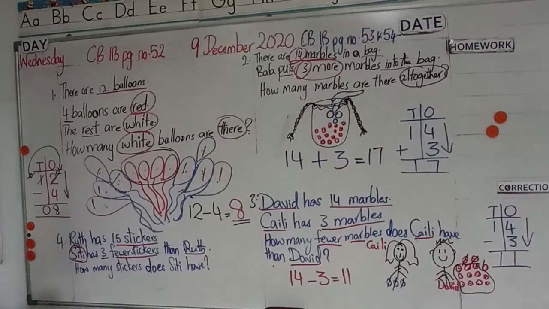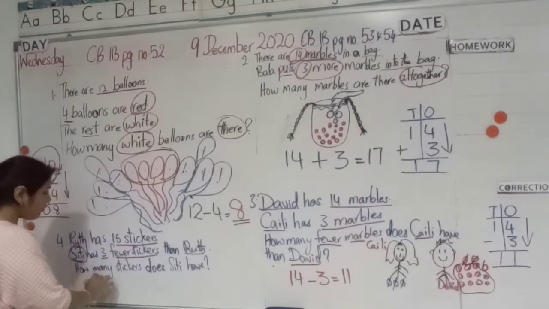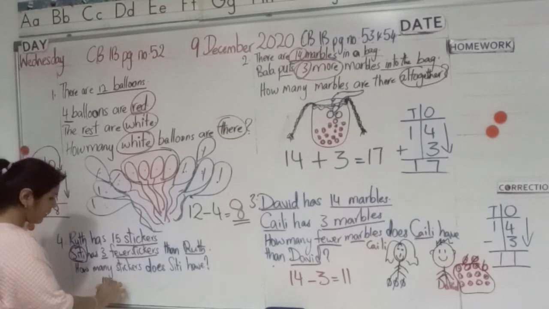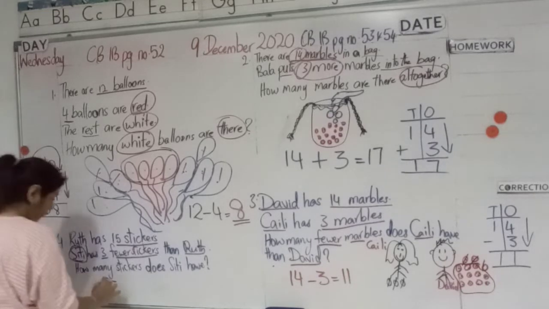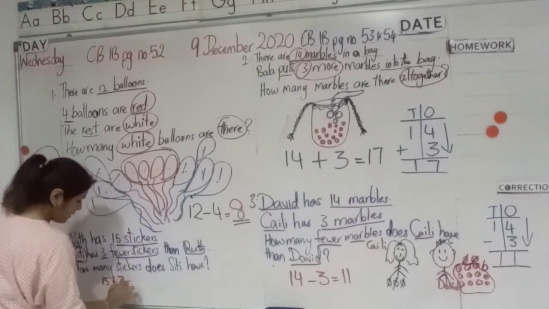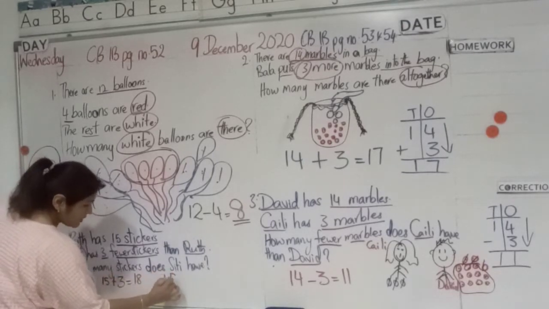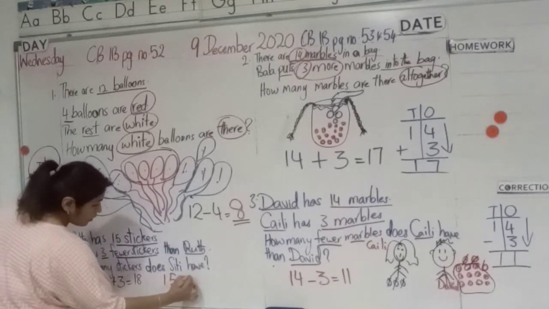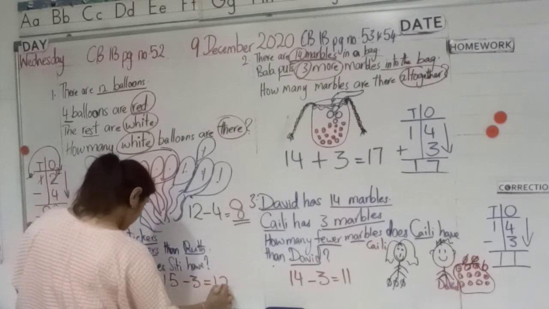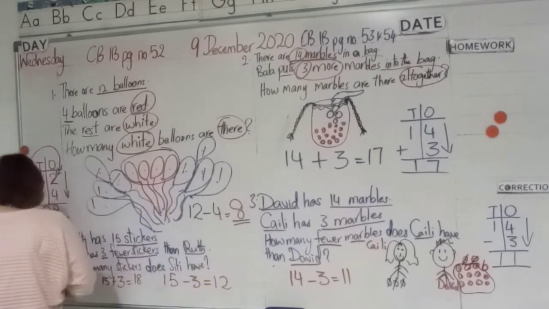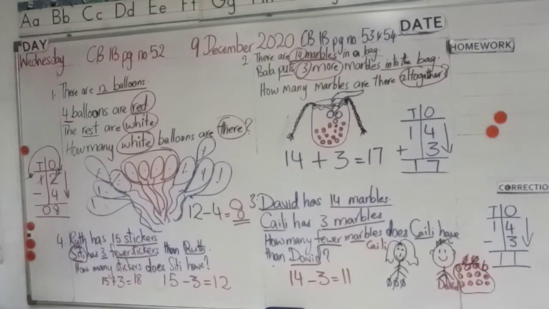Now what we have to do? We have to find out which is the correct equation. Are we going to add it up like 15 plus 3 is 18, or shall we subtract it? We need to find out which is the correct equation. Okay, now how will you find out?